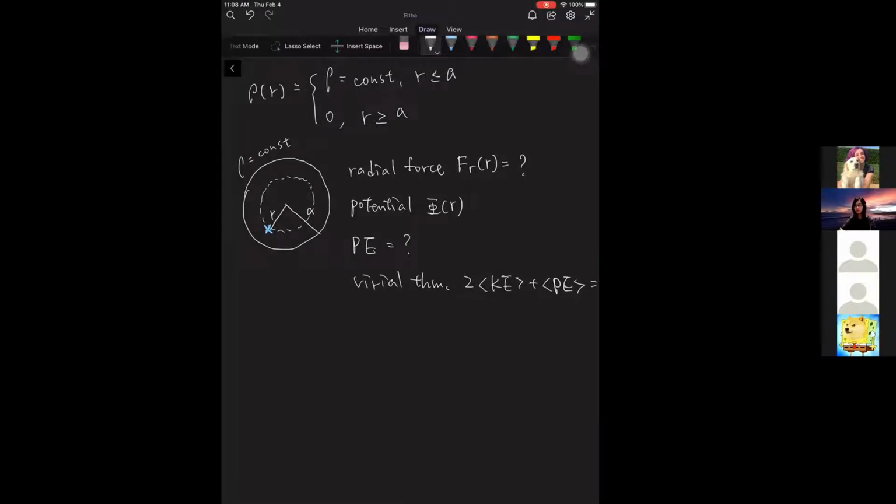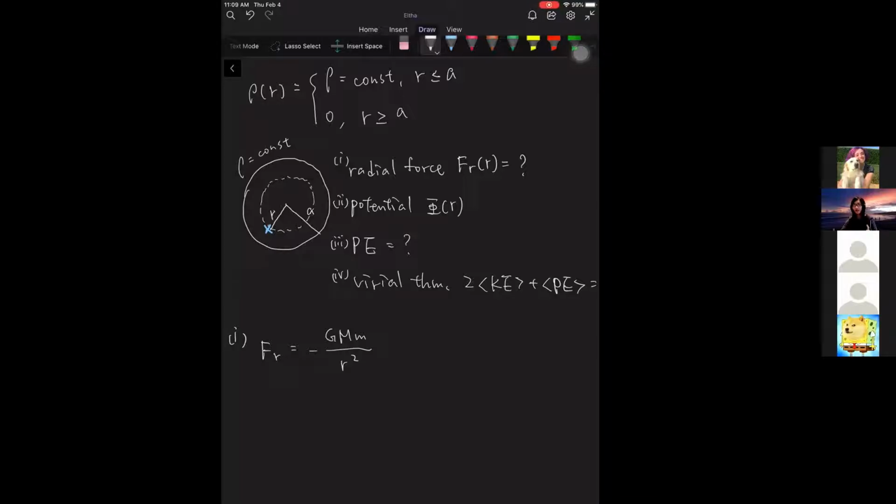So first step, we will calculate the radial force. In this case, this is really simple. We know it's simply G M over r squared. From Newton's shell theorem, a point inside a shell experiences no gravitational force.